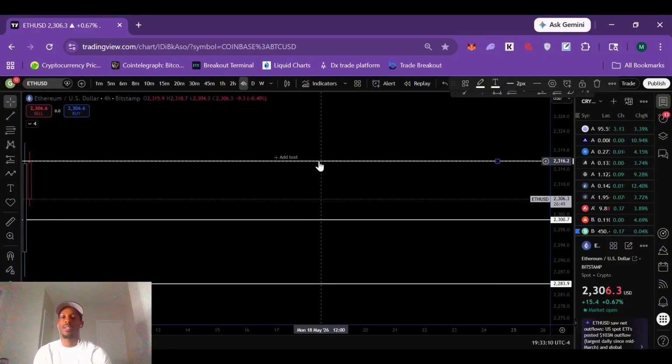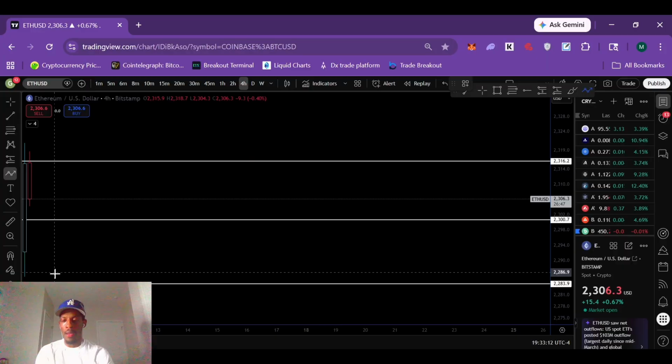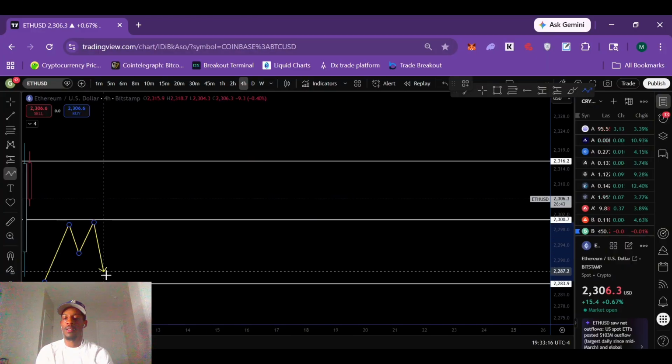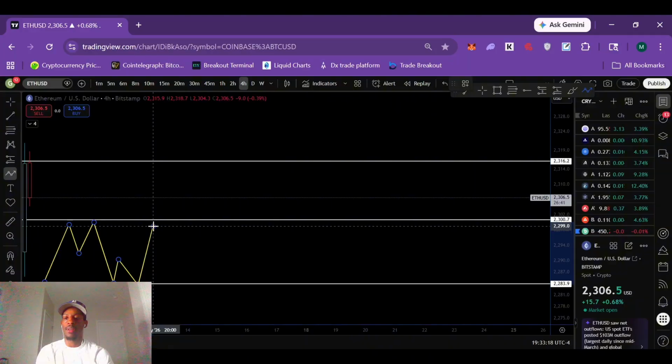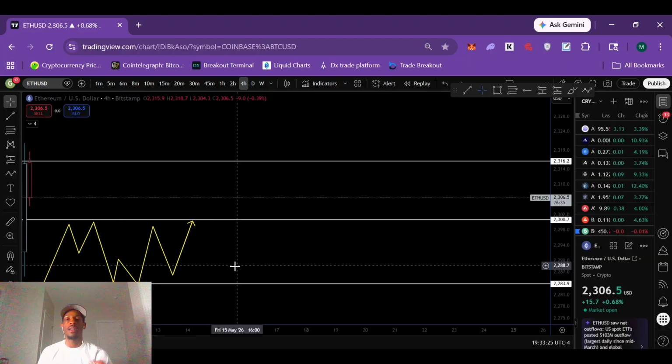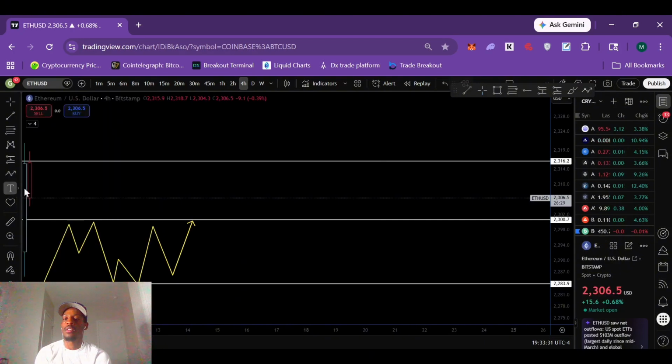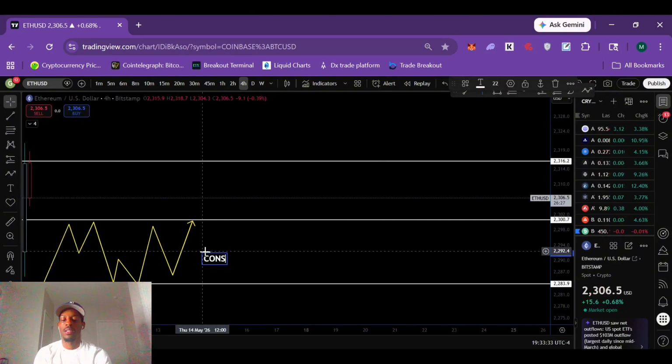I'm going to do it this way because I can go over 2 things at once. You might have movement like this, where the market can't break out of a channel, right? So when the market isn't in an uptrend or a downtrend, this is what you call consolidation.